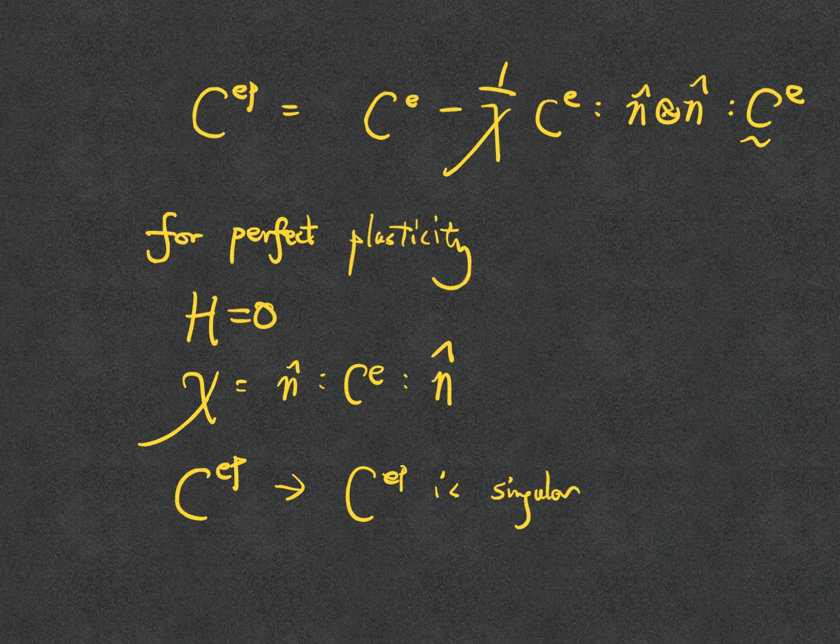What does singular mean? Singular means that you have at least one eigenvalue equal to 0. This is why perfect plasticity is interesting: it's simultaneously the easiest one to derive, but the hardest one to integrate, particularly when reloading in the plastic directions. You may easily lose stability simply because you meet multiple solutions.